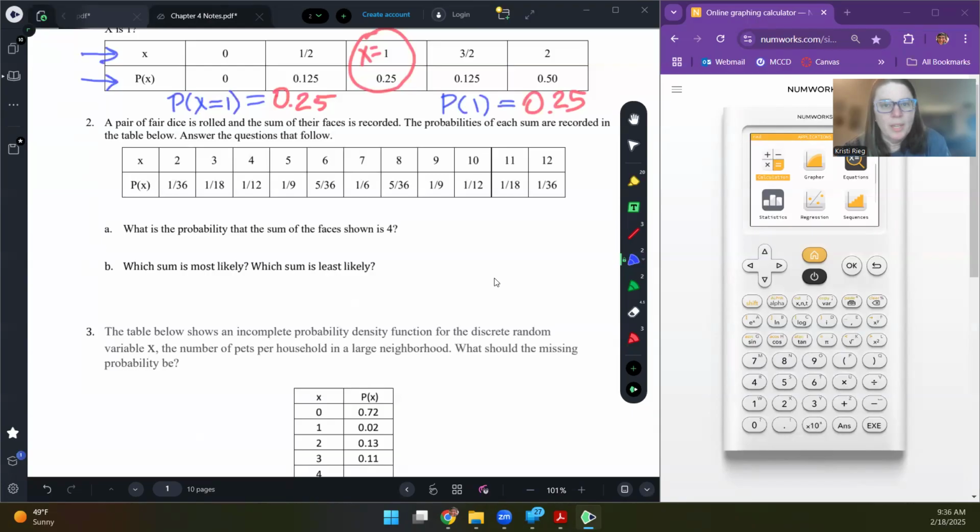Okay, so we roll 2 dice. Let's start at the beginning. We could have a 1 and a 1. If I add that up, it equals 2, because it says the sum. I could have a 1 and a 2, which equals 3.